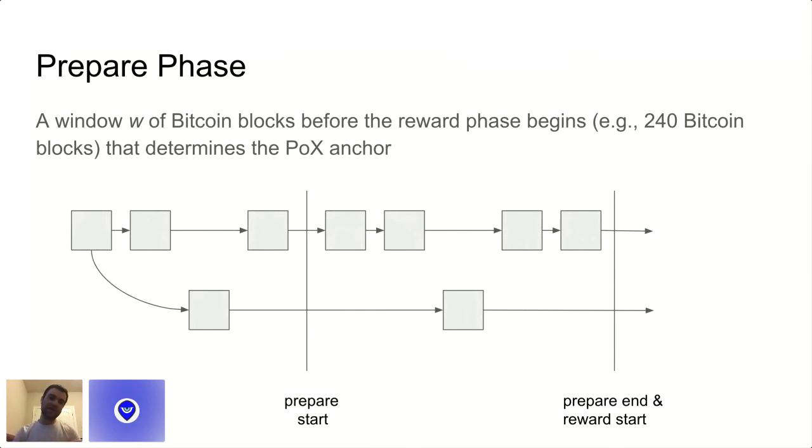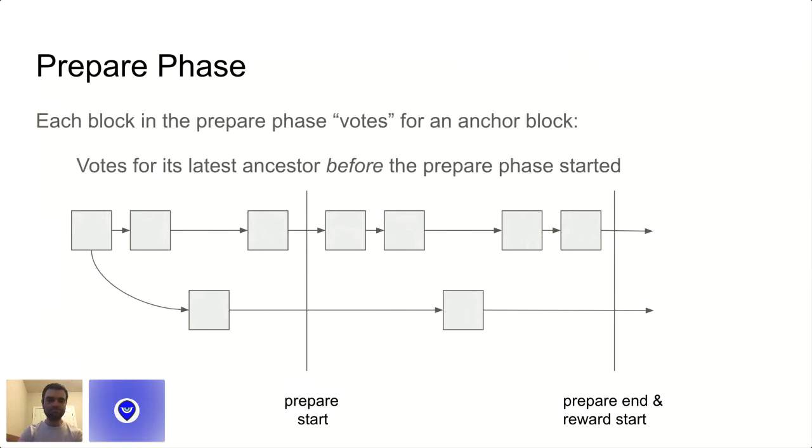So here in this diagram, we have two Stacks forks, a portion of which are occurring during a prepare phase. And the x-axis here indicates the time on the Bitcoin chain when these Stacks blocks won their particular leader election.